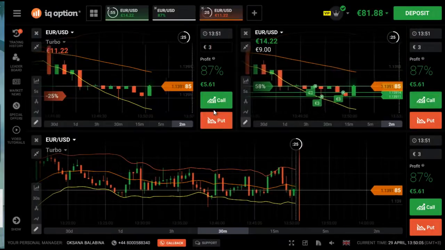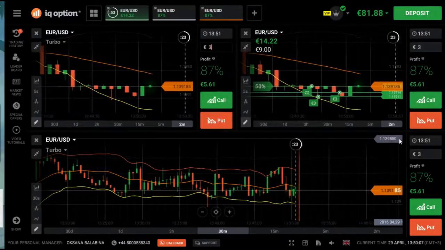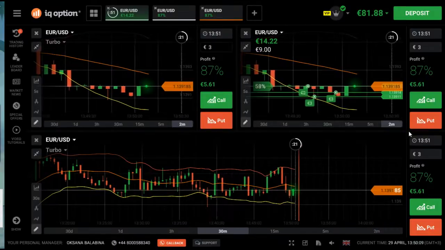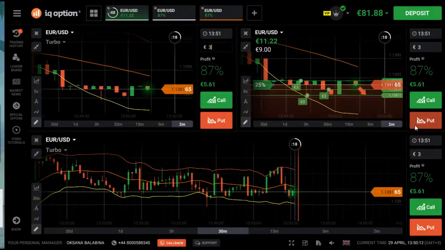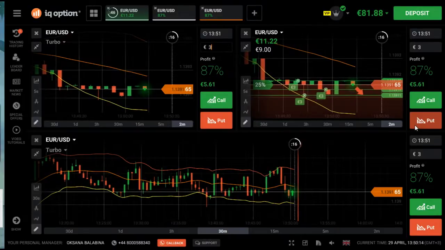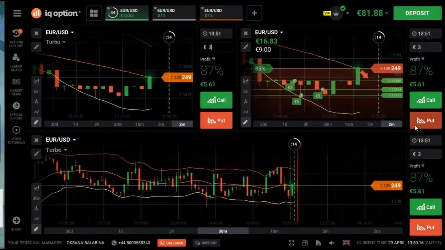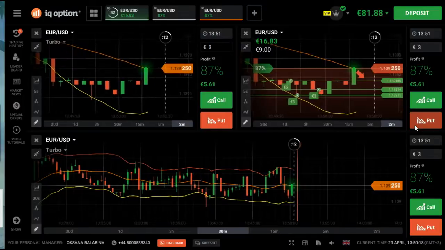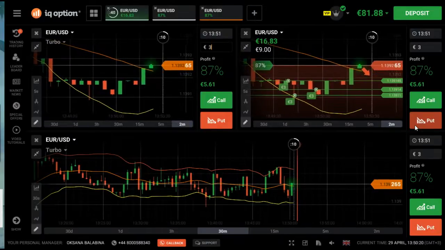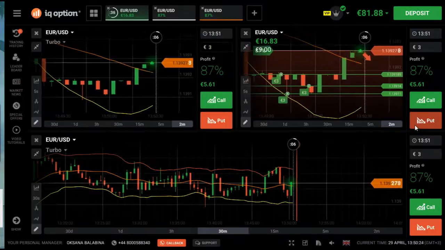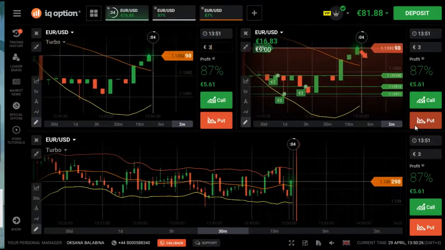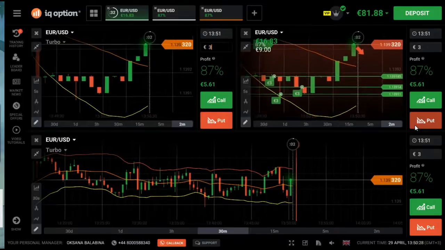But anyway, this is just an experiment, and in the beginning I may lose a little bit, like 30-40%, but eventually it will catch up that I'm starting to win, and that's how it works.